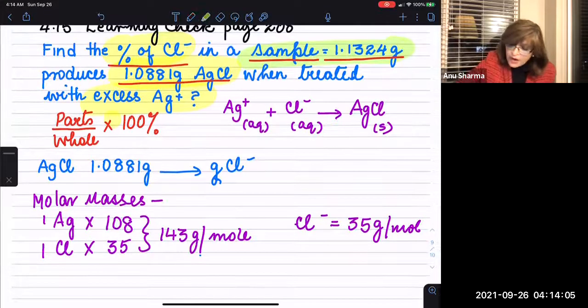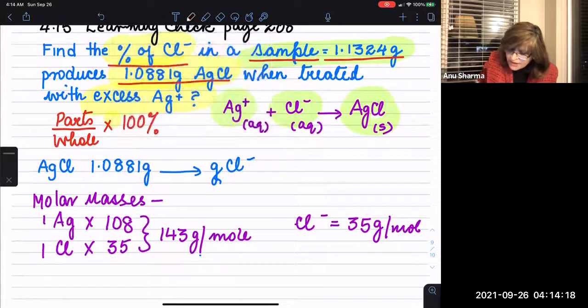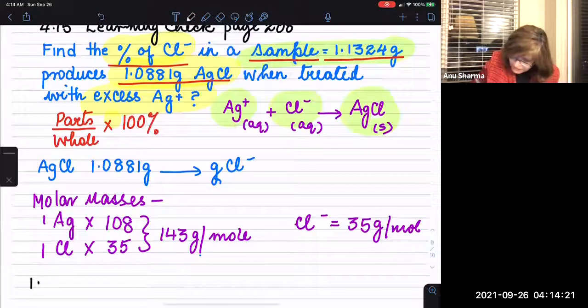So our reaction is silver ions reacting with the chloride ions in the aqueous medium to give silver chloride, which is a solid, and the weight of this silver chloride is, let's write this down, 1.0881 grams of AgCl.